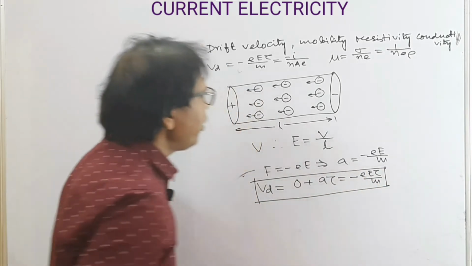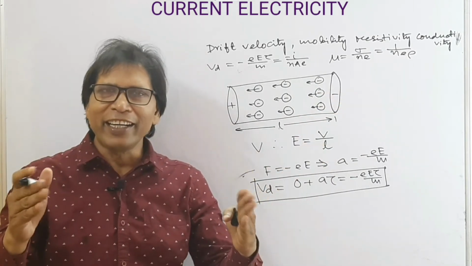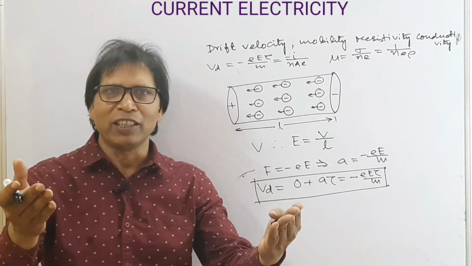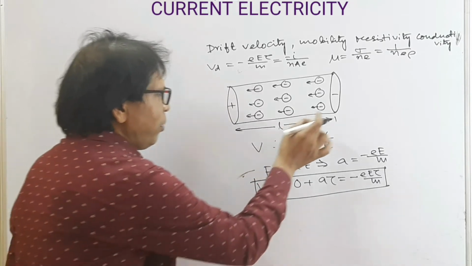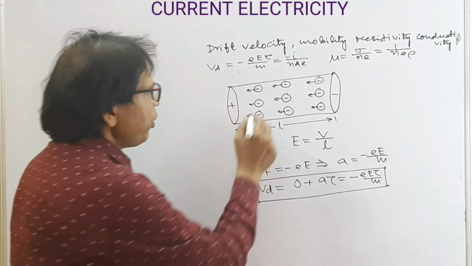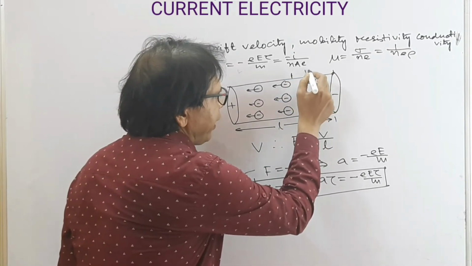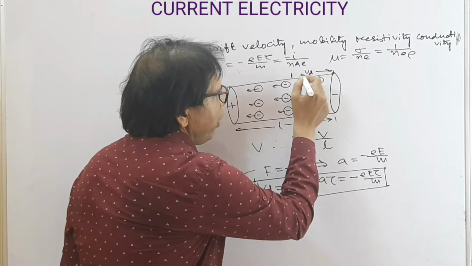Okay. Now next we have to express the current in terms of drift velocity. Now look at this. If Vd be the drift velocity of electron, the distance traveled by electrons in 1 second is Vd.